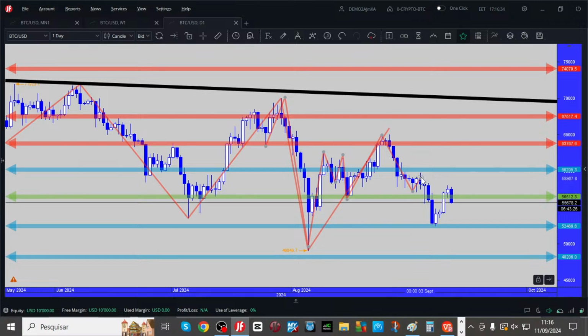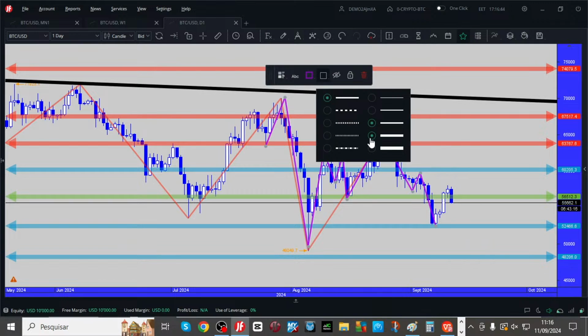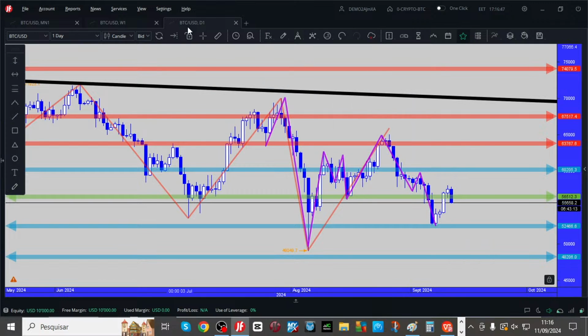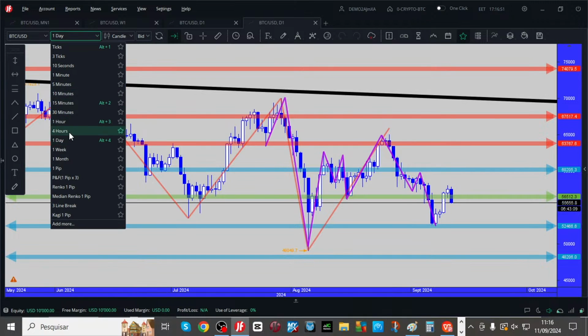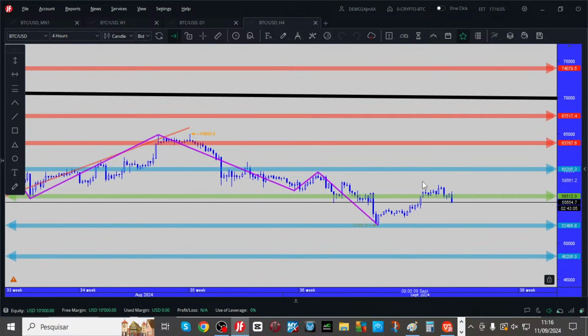Low, low, high, low. Color code this in violet and make it bigger. Like this maybe, and lastly I'm going to clone the chart and go on the 4-hour chart or 2-hour chart, or whatever you like.